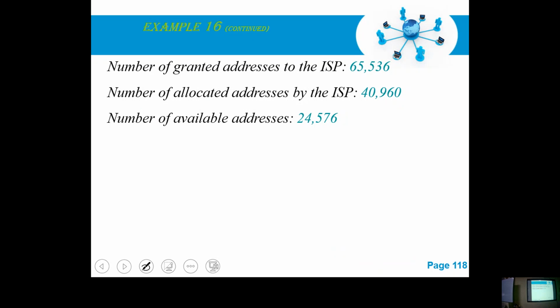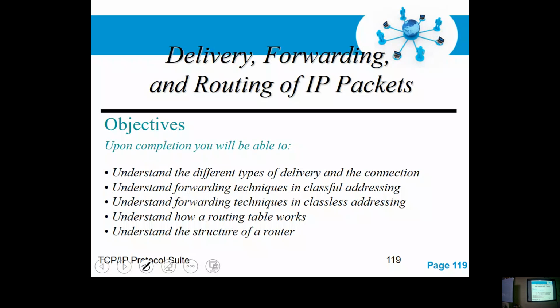Like in the previous case, we had this many addresses, allocated were this many, and these are the available addresses. So that is about how we are going to have this address allocation. Is it clear?